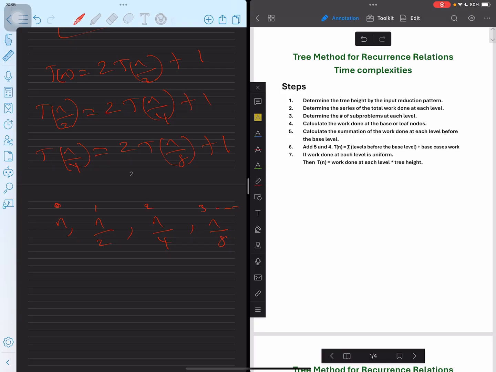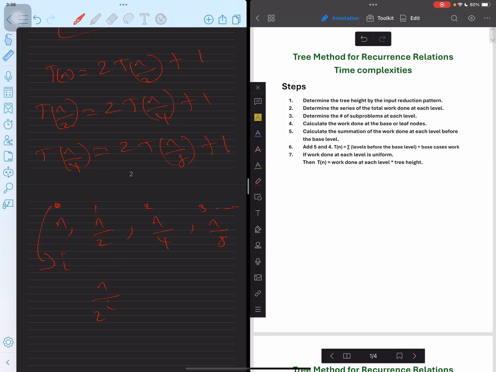So you represent these indices by i. That means from this series, if I want a pattern in terms of i, I can say n divided by 2 to the power of i will give me the input at any level, right? If I place 0 in place of i, I will get this. If I place 1 in place of i, I will get this. See that? Okay, good.